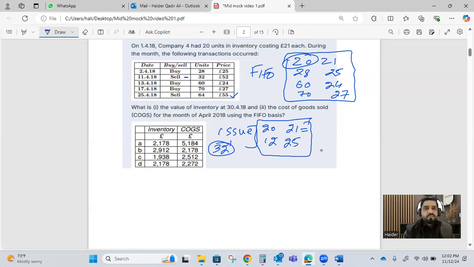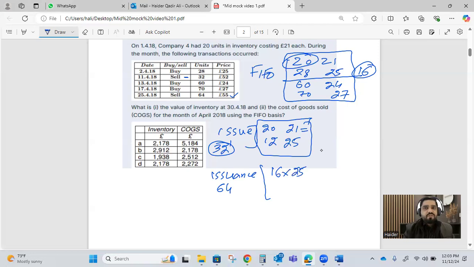After we issue the first one, we are left with 16 units from this slot, which will be consumed in the next issuance. In issue number 2, we are supposed to issue 64 units. First of all, we will consume these 16 units completely at the rate of 25 each.